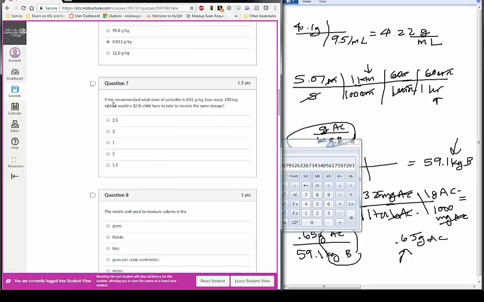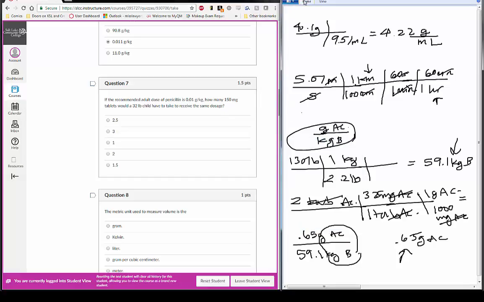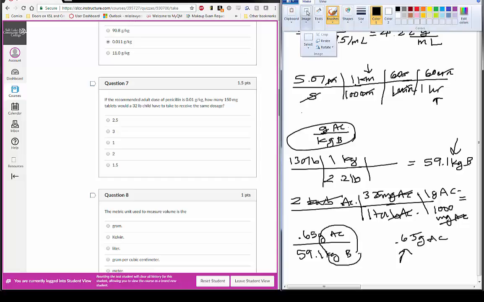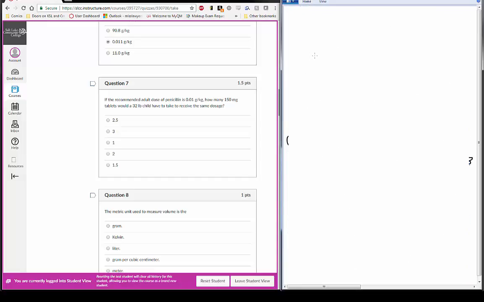In question 7, we're looking at penicillin. And we see that the recommended adult dosage for penicillin is 0.01 grams per kilogram. So the question is, how many 150 milligram tablets would a 32-pound child have to take to receive the same dosage? So let's start with what we're given, 0.01 grams of penicillin per kilogram of body weight.